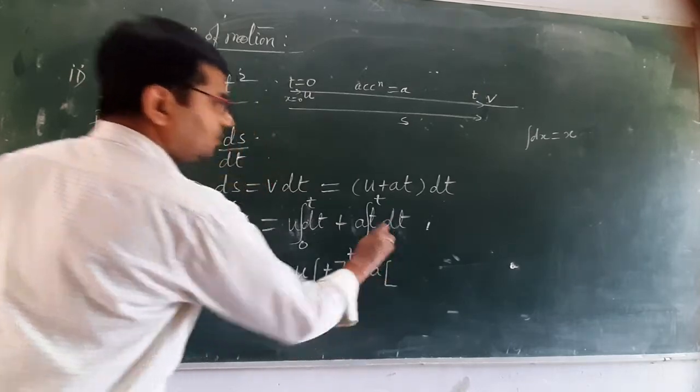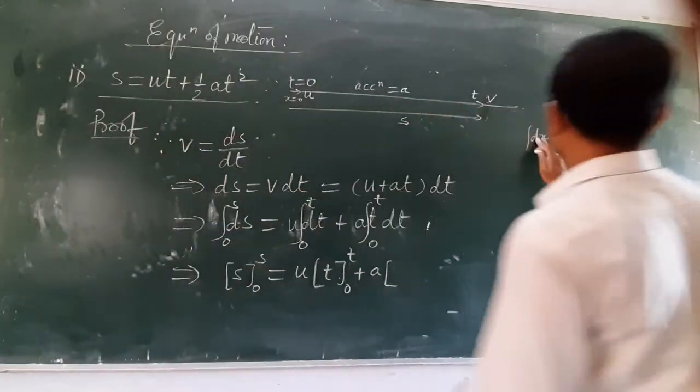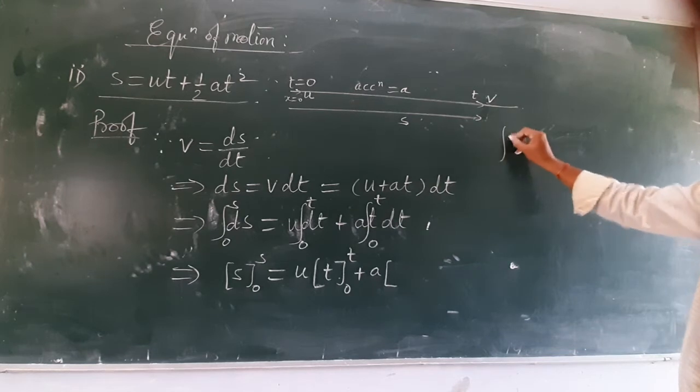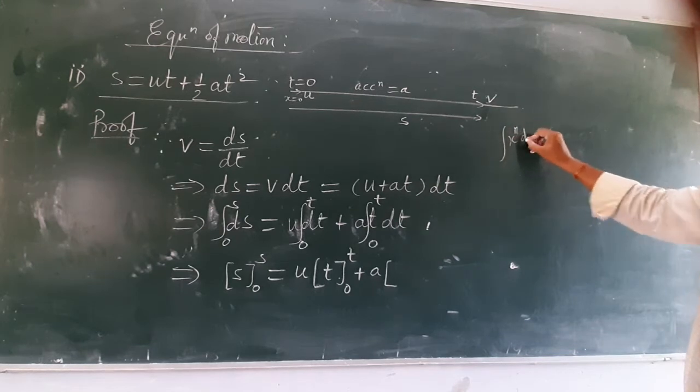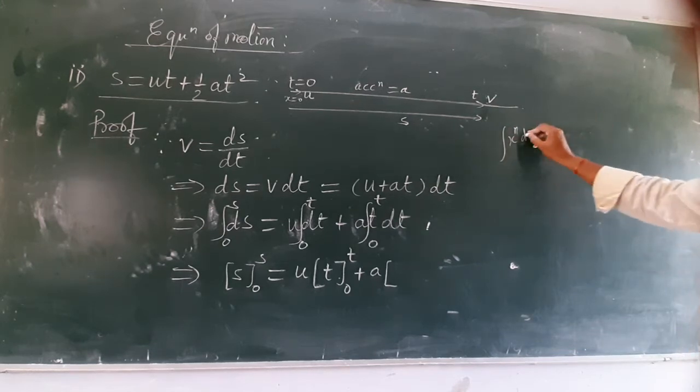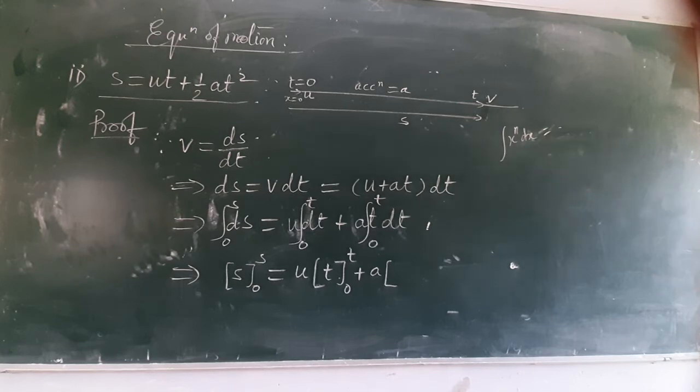You know, the formula of integration is what? In case of definite integral, no need to write the constant. Integration of x to the power n dx is x to the power n plus 1 upon n plus 1.